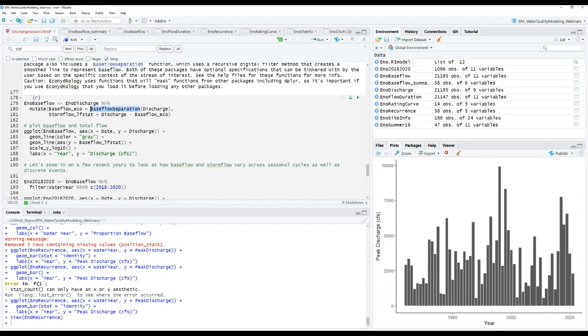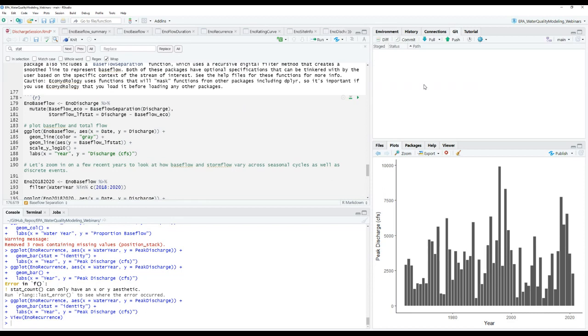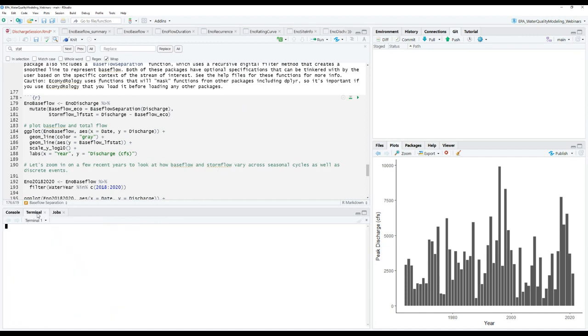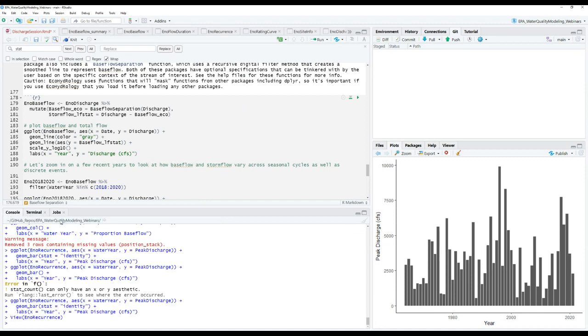So RStudio has, first of all, as you can see, a pretty nice user interface where we have our source section of the window, we have our console section, we have places for output, we have places for our environment. So it keeps it all in this nice user interface. It also has functionality such as, if you're connected to GitHub, your window might not look like this, but mine is connected through GitHub, and so you can track things through GitHub. You can work from your terminal on your computer within your console window.